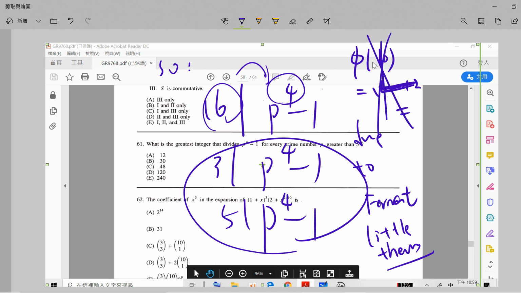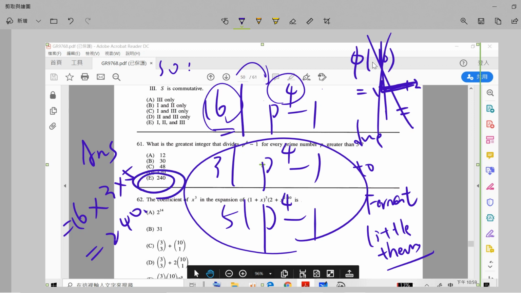No, so you cannot do this. So for this 16 you need to figure it out by yourself. So the answer is 16 times 3 times 5, which is 240. This is a difficult question. Actually, I got the answer wrong the first time because I chose D. So the answer is E. Very difficult question.